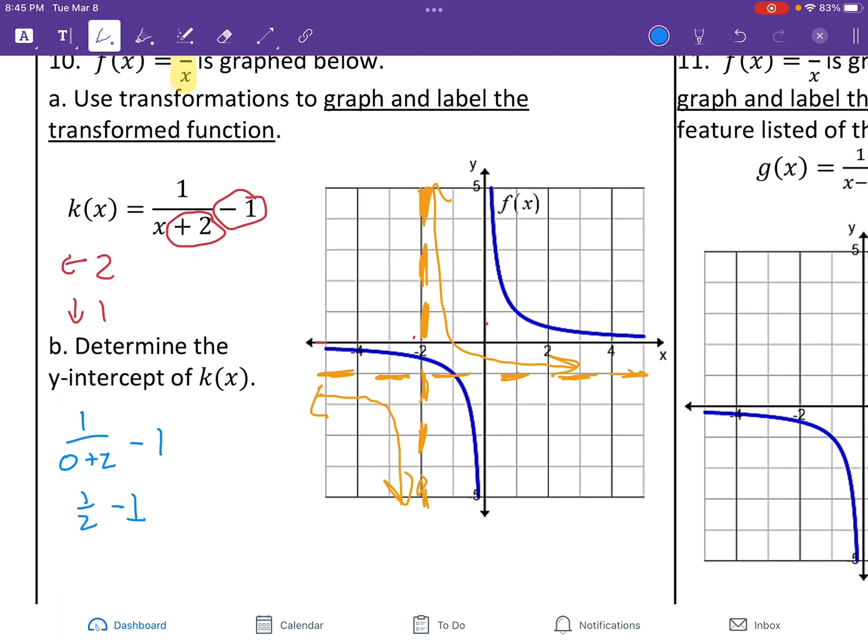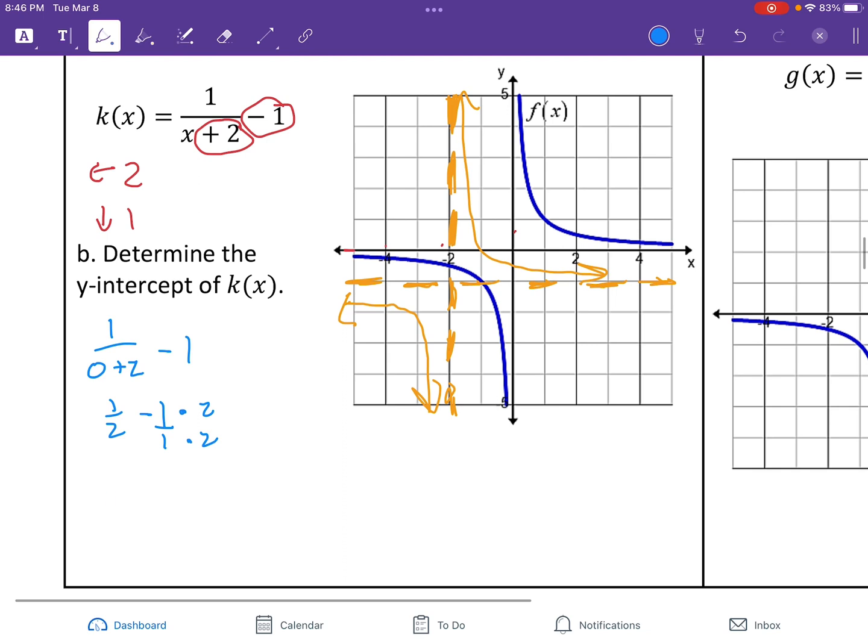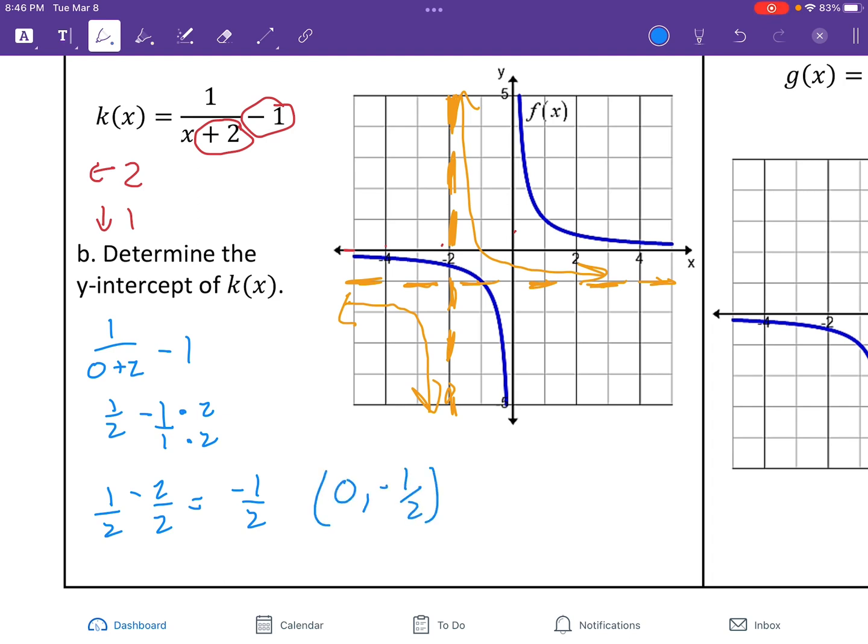If we make this into a fraction over 1 and multiply it by 2 on both the top and the bottom, we have 1 over 2 minus 2 over 2, which gives you negative 1/2. We're going to write this as a point because it's a y-intercept, so 0 comma negative 1/2. This makes sense because the graph you can see right here is going through about negative 1/2 on the y-axis.